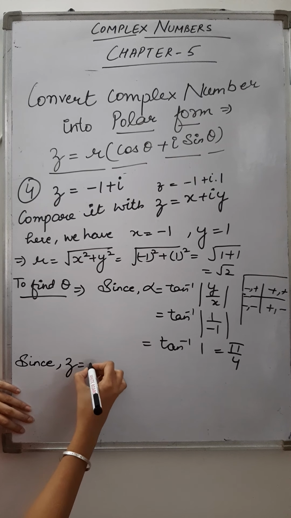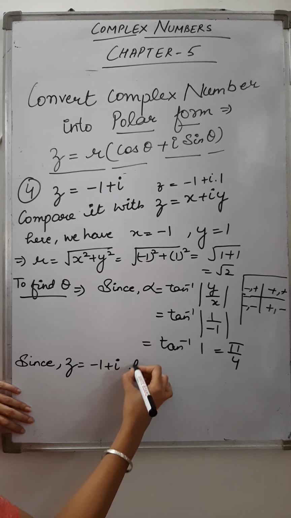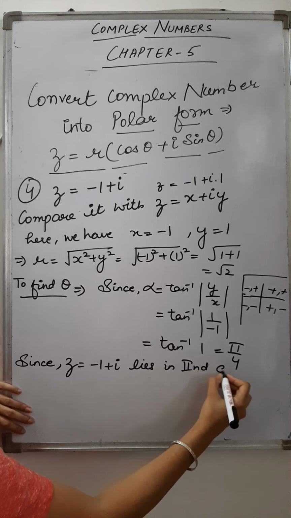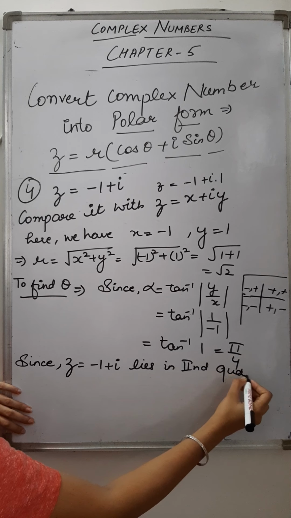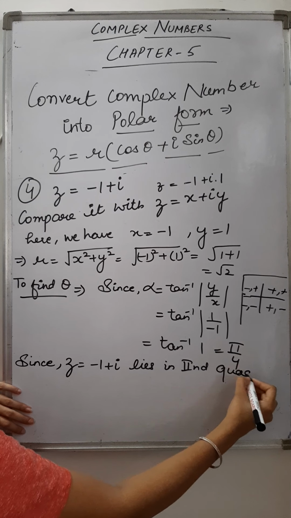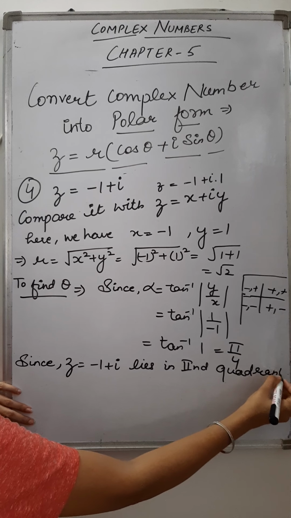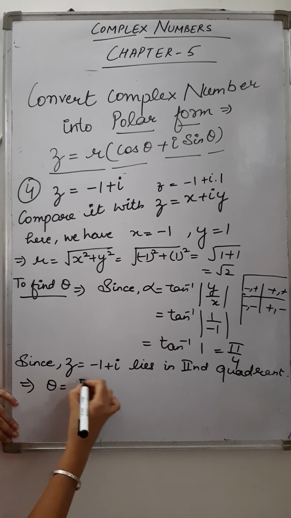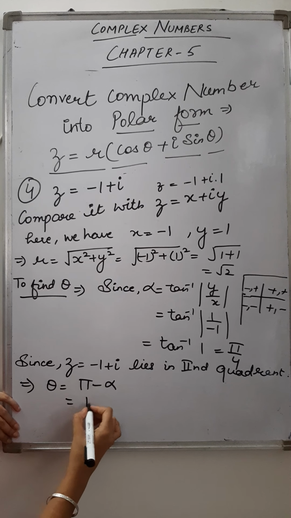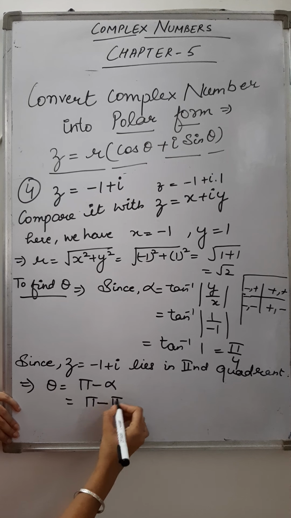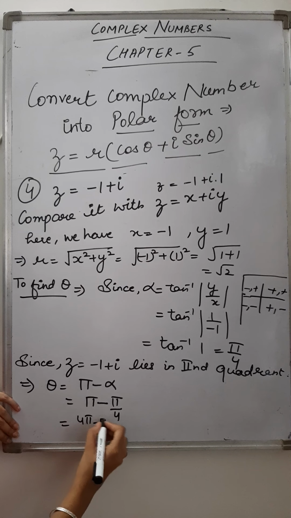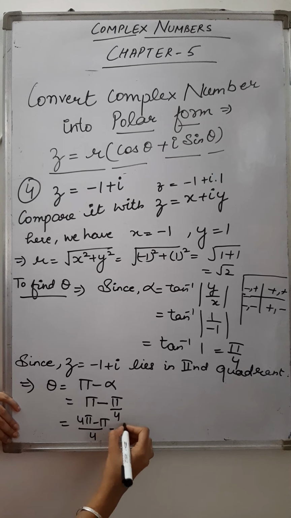Since z is equal to minus 1 plus iota lies in the second quadrant, this implies theta is equal to pi minus alpha, and pi minus pi by 4, taking LCM, is 4 pi minus pi, which is 3 pi by 4.